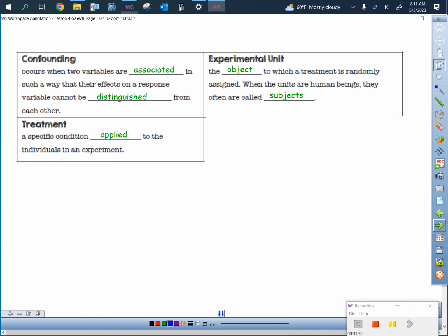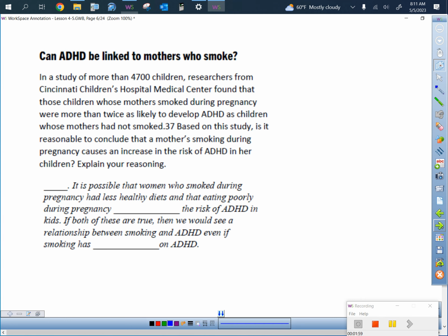When they're human beings, we usually call them subjects. So in the whiff example, those human beings were the subjects. That's who they were doing the experiment on. Sometimes they do experiments on plants, sometimes on other things, so those are the experimental units. A lot of long stories, but we'll just fill in the blanks to the answers. So hang with me.